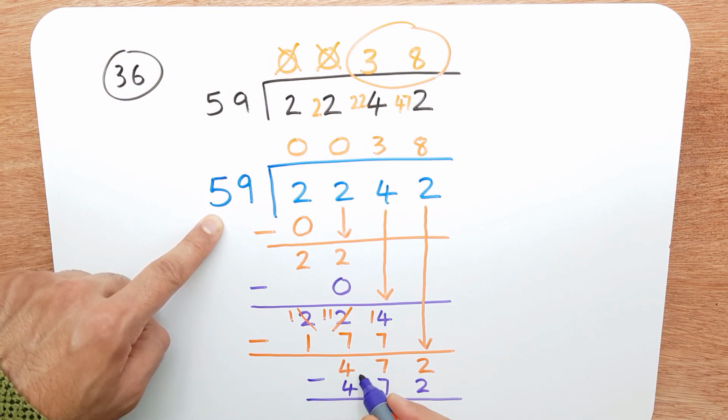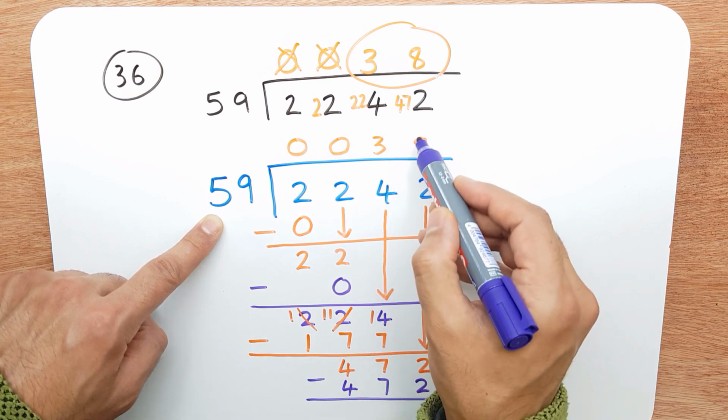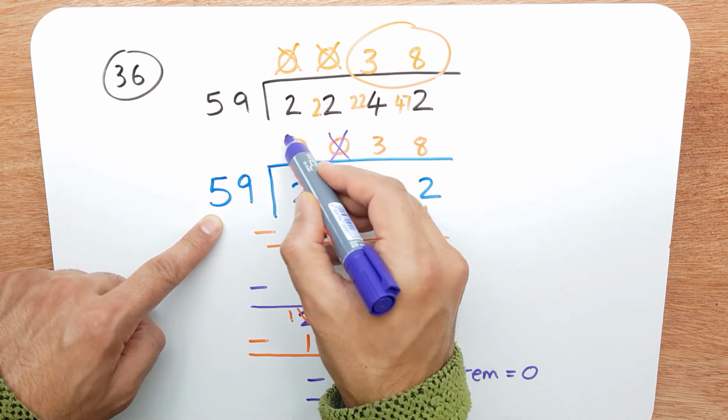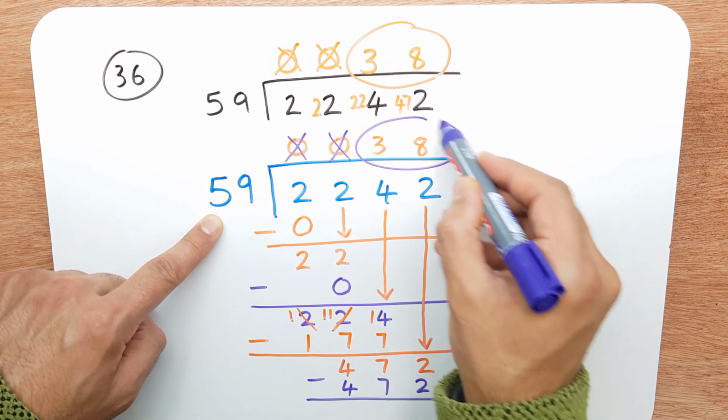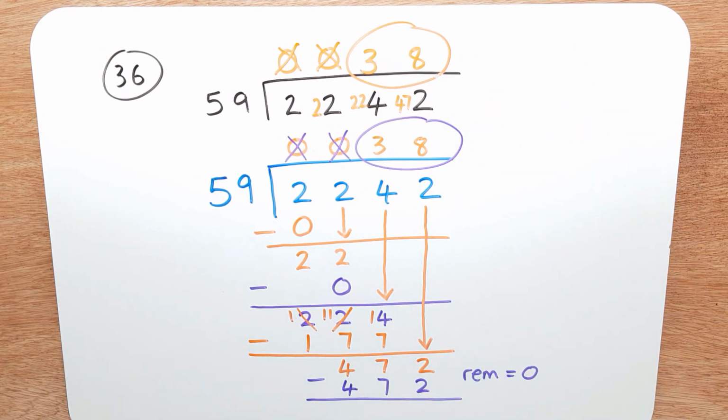And when we subtract 472 from 472, we end up with 0. And our remainder is 0, which is good. That's what we want. So our answer, doing it this way, is we ignore these two leading zeros, is 38. It's exactly the same as before. So you can do it either way.